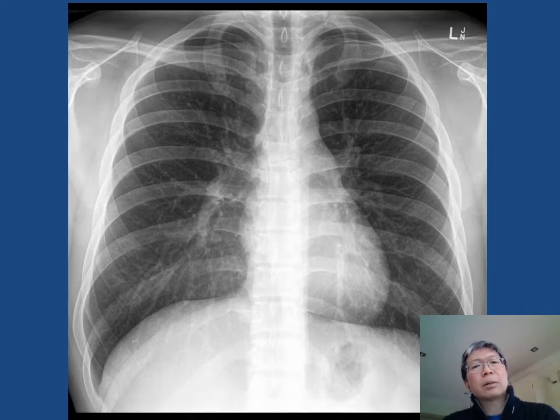The mediastinal and hilar structures are well visualized, and both diaphragms can be seen to the costophrenic angles, which are normally crisp in the absence of any effusions. The apices should also be visualized, and in this case is clear. There's a gastric bubble, which is normally placed just below the border of the left hemidiaphragm.